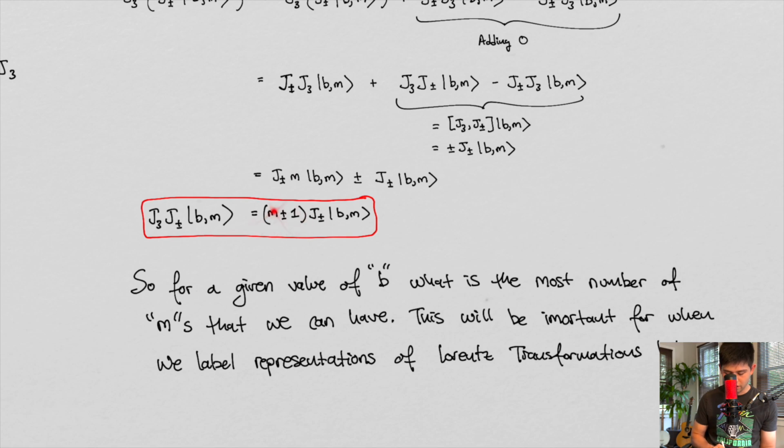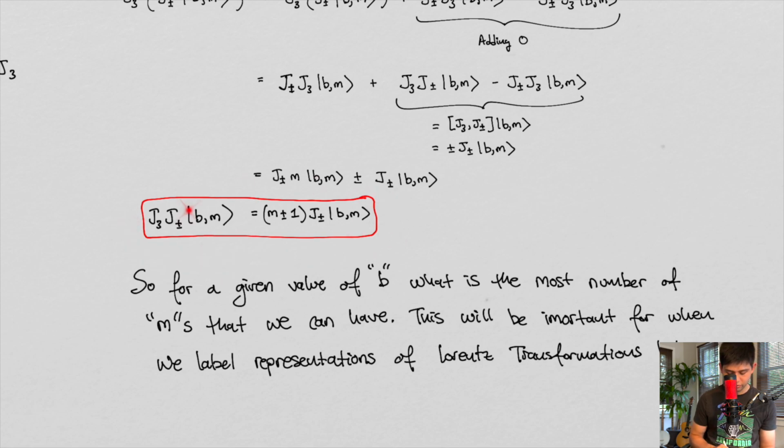We get M plus 1, and then J plus minus, and we have this BM right here. So we find that J3, when it acts on this state, J plus minus and BM, raises the eigenvalue by M plus 1.